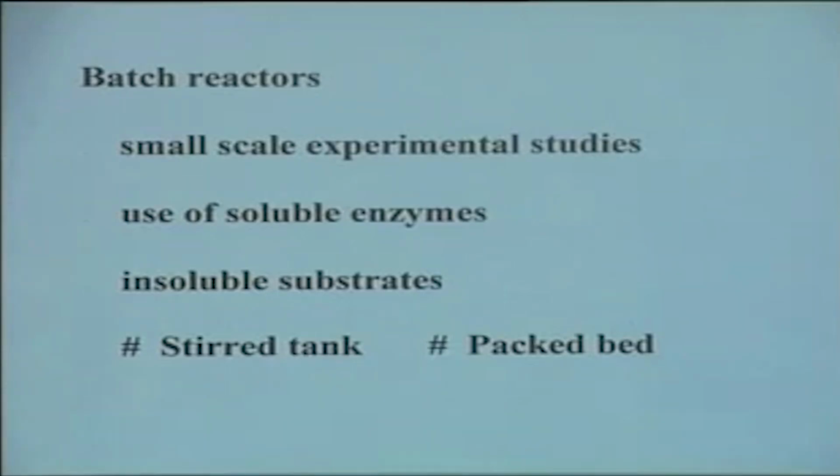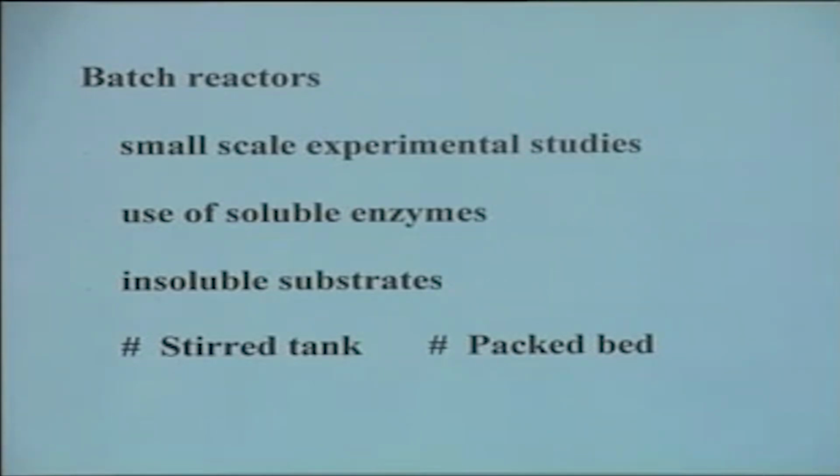And of course, the kind of reactor system that I described a little earlier for experimental purposes falls under the batch category. Batch reactors are very suitable for small scale experimental studies, mainly because they are simple in construction and operation, and they do not need any supporting structure, unlike, for example, continuous reactors, where you need to feed the substrate stream continuously, so you need a pump.